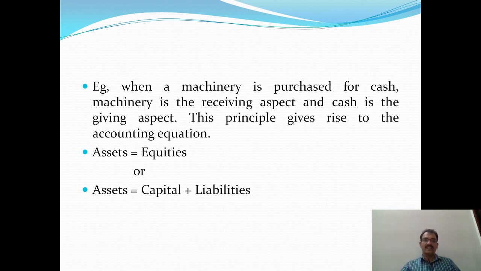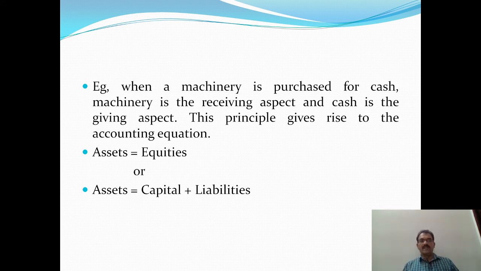So two aspects are there. The receiving aspect is called debit. So here machinery is treated as debit and cash is the credit aspect.